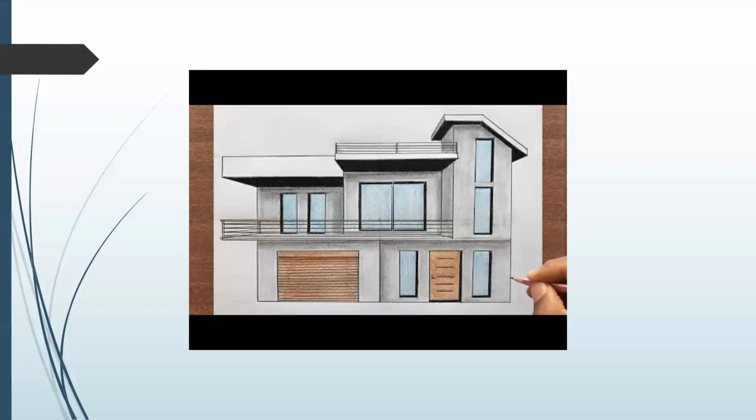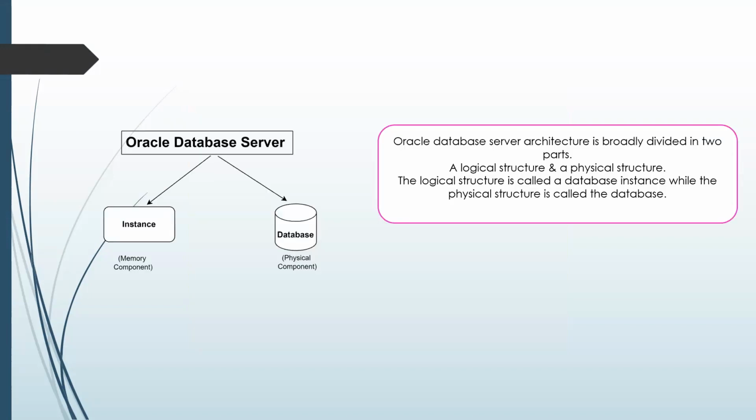So when we put the same example in terms of Oracle database, it brings us to something called the memory component and the physical component. Broadly, your Oracle database server architecture is divided into two parts. There will be a memory component and there will be a physical component.